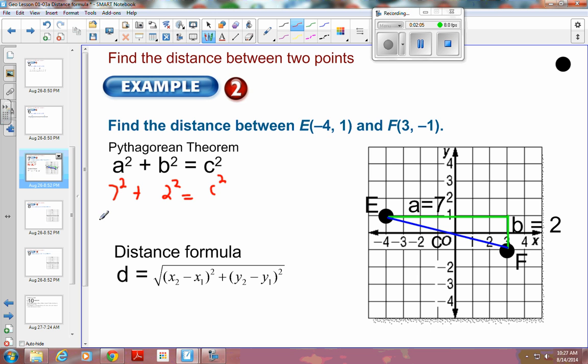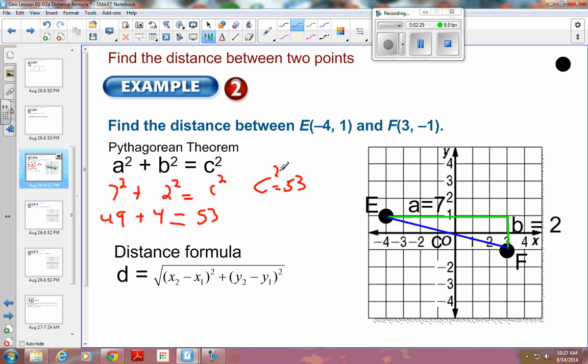So 7 squared is 49, 2 squared is 4, and so that's going to be equal to 53. And 53 is C squared, so C squared equals 53.